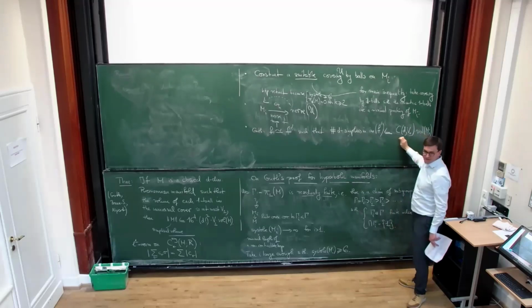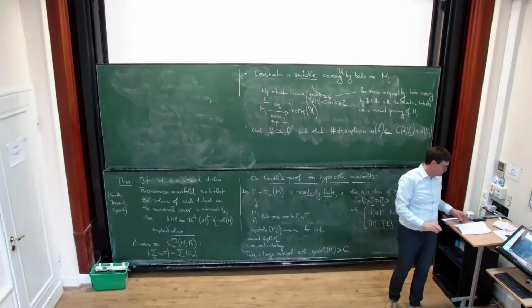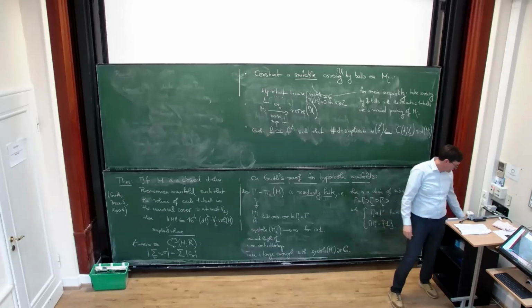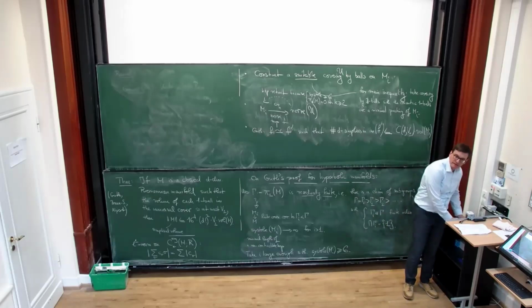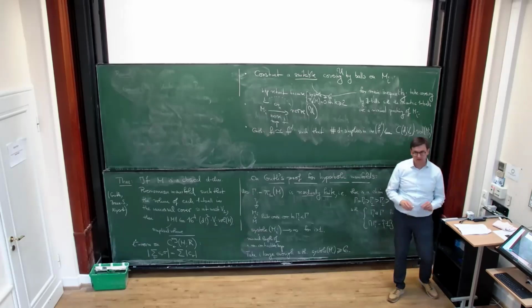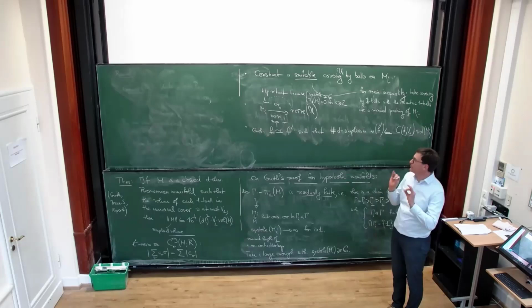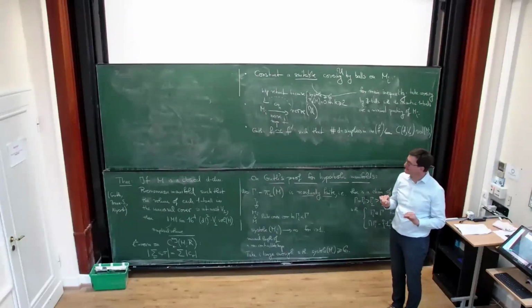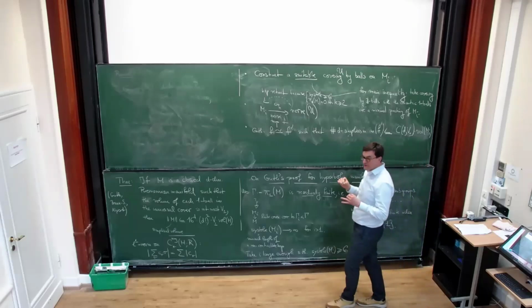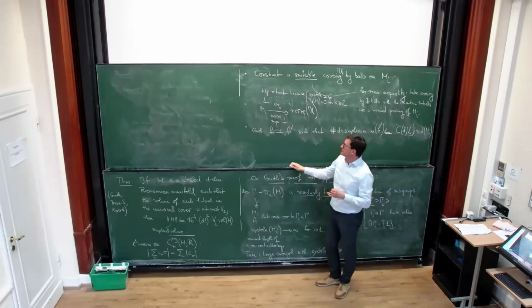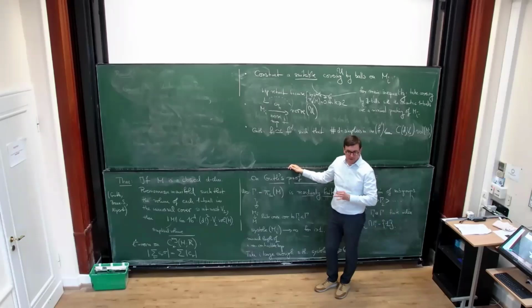And the nerve of U, is this a metric object? It's not, right? It's just a simplicial complex constructed out of the overlapping pattern. Yes and no. So it is a metric object in the sense that you should regard it as a metric object. For example, if you have the standard simplicial nerve, you would put the standard Euclidean metric on a simplex and then extend it to a path metric.